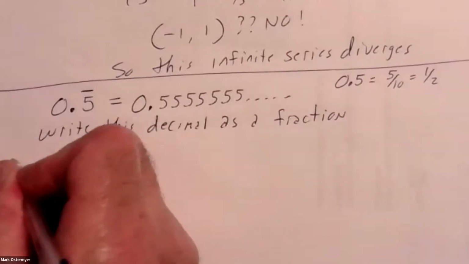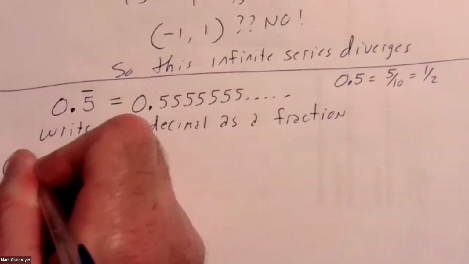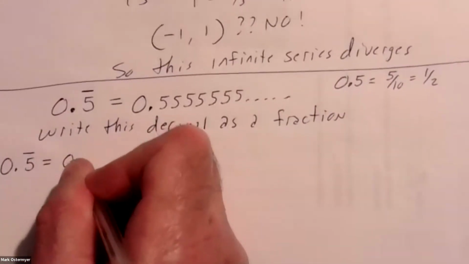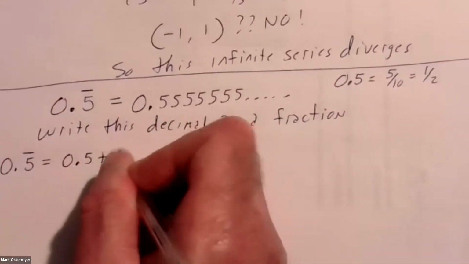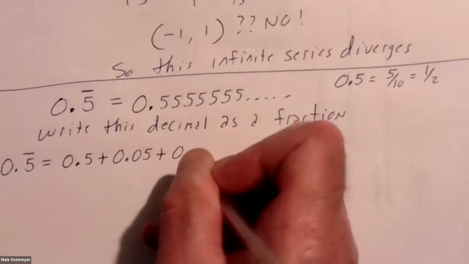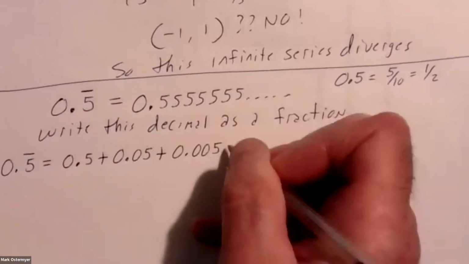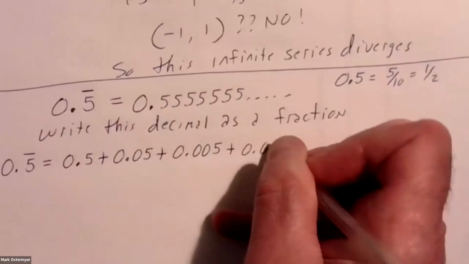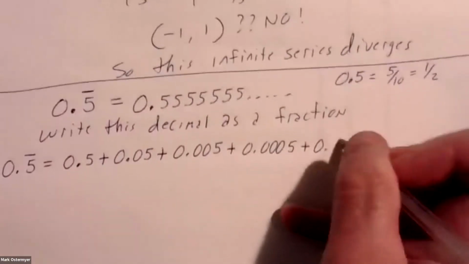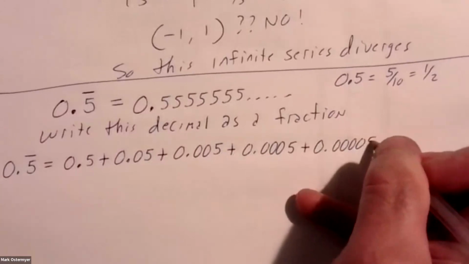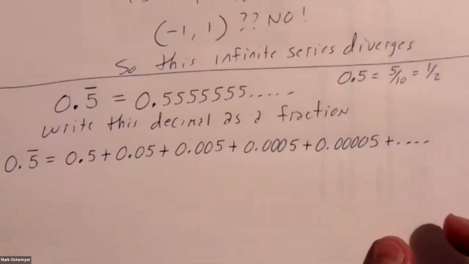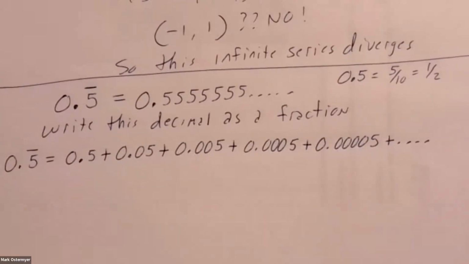Do you agree that I can write this repeating decimal as 0.5 plus 0.05 plus 0.005 plus 0.0005 plus 0.00005 plus on and on? This can go forever. Does that make sense?